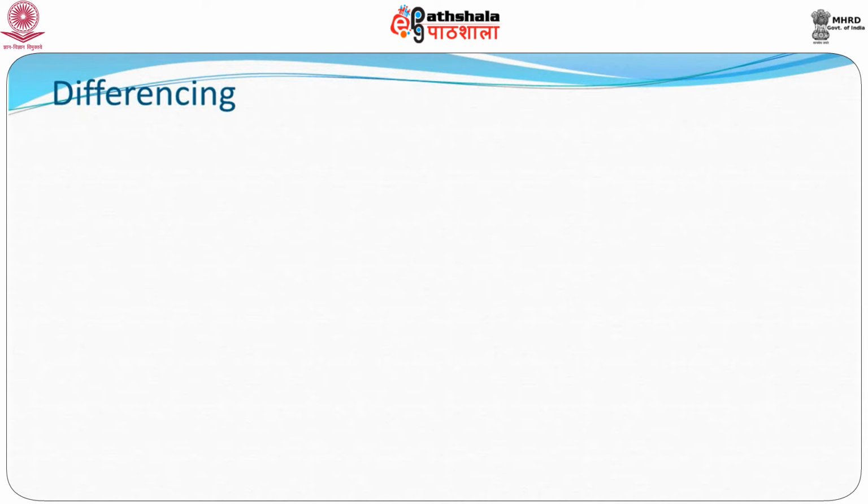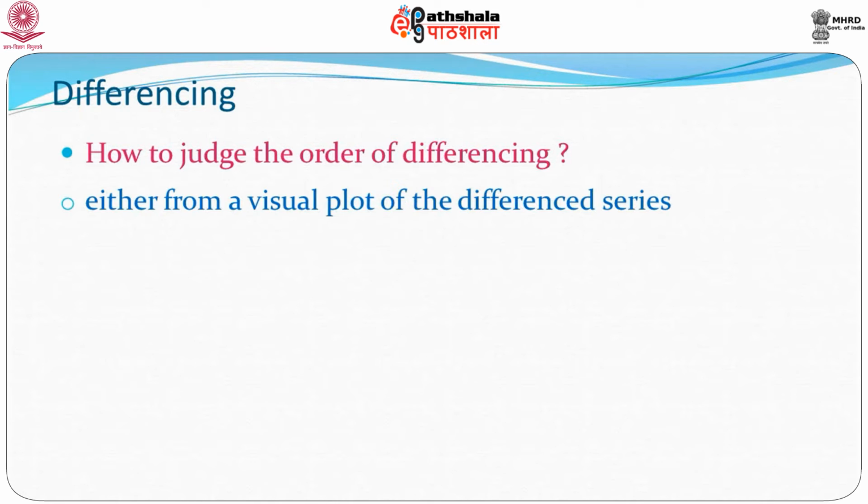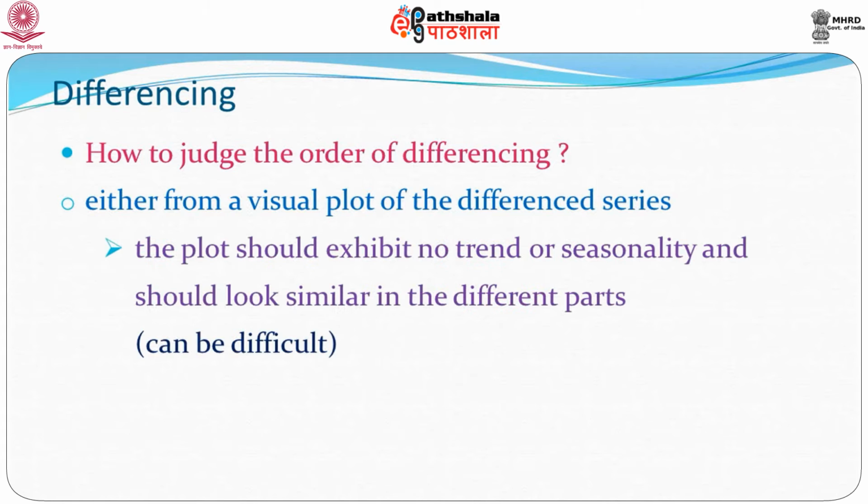So, let us look at small d. Now, the differencing order can be judged either from a visual plot of the differenced series or from the autocorrelations. If we have a stationary process, the plot should exhibit no trend or seasonality, and it should look similar in the different parts of it.